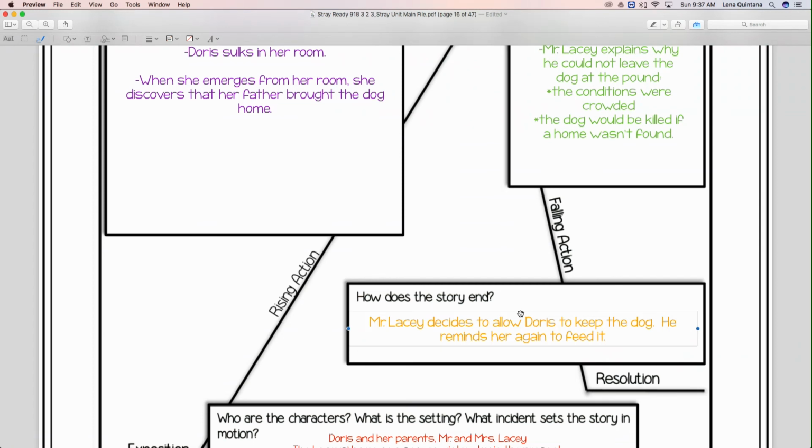It is, the food and the care, and you have to make sure they're well and take them to the vet and all those things. It's very expensive. So even though they don't have a lot of money, it was important to him that he was taking care of the dog too, by reminding his daughter, well, feed the dog. So that was the resolution there. He allows Doris to keep the dog, and he reminds her again to feed it.